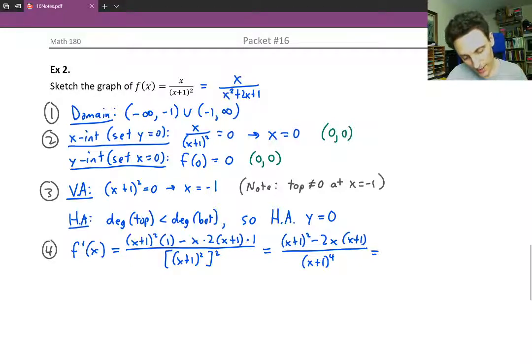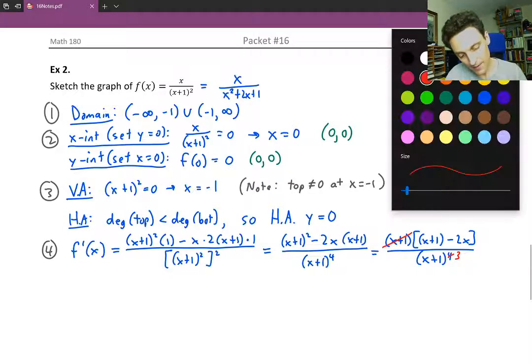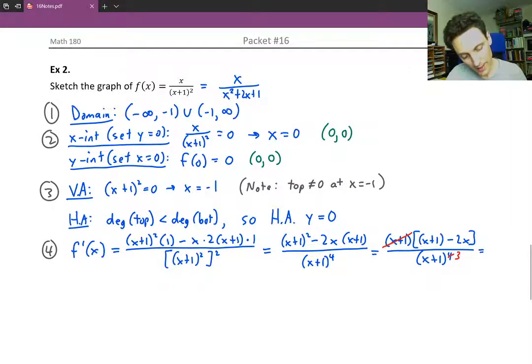So we can factor out that (x plus 1) factor, and we're left with just x plus 1 from the first term, and then 2x from the second term. On the bottom, we still have (x plus 1) to the 4th. But now that the top is factored, we can cancel a factor of (x plus 1). And then simplify on the top, and we get 1 minus x over (x plus 1) to the 3rd. That's to the 3rd.